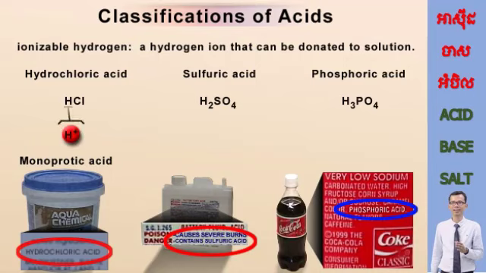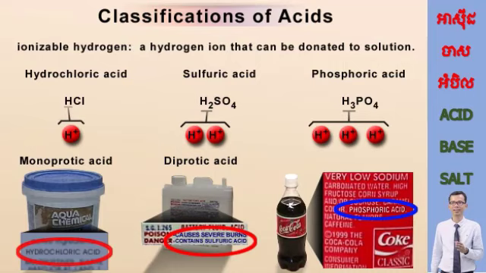Likewise, sulfuric acid, H2SO4, or any acid that contains two ionizable protons, is known as a diprotic acid. Phosphoric acid, H3PO4, contains three ionizable protons, and therefore is known as a triprotic acid.